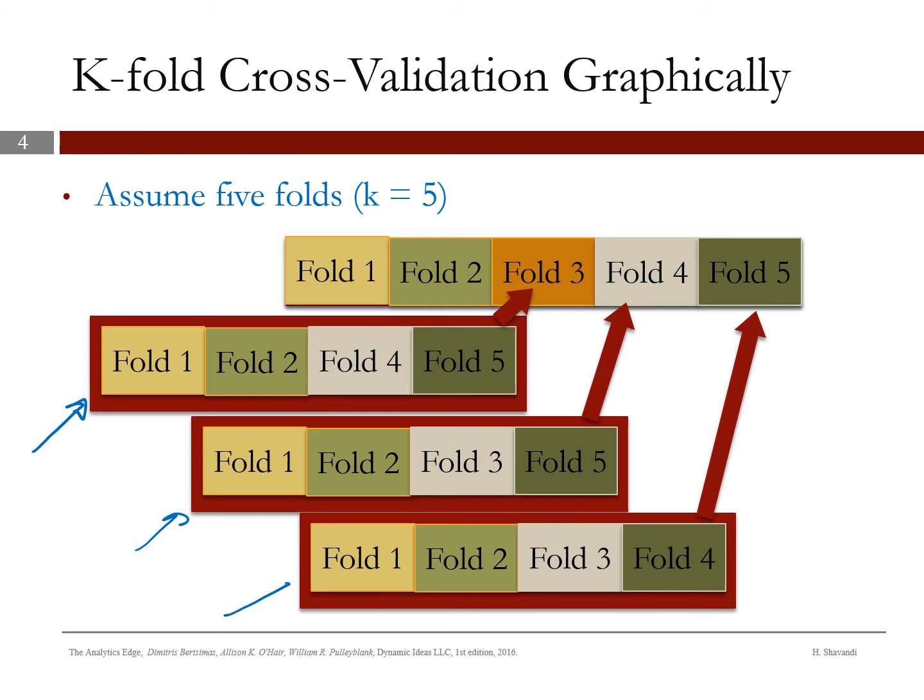And also here, folds 1, 2, 3, and 4 are used to estimate fold 5. By doing this for all k folds, we can calculate the average accuracy, and by having that measure, we can see which candidate parameter value is the best.